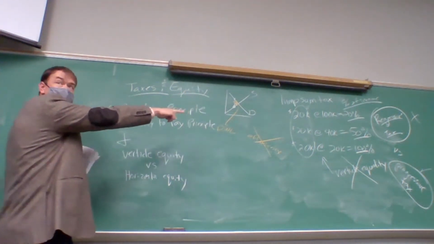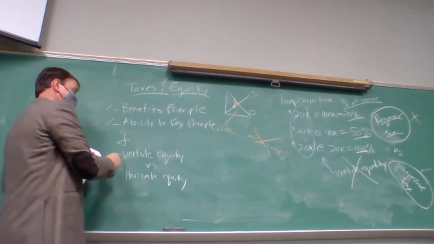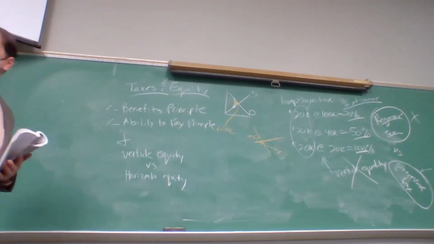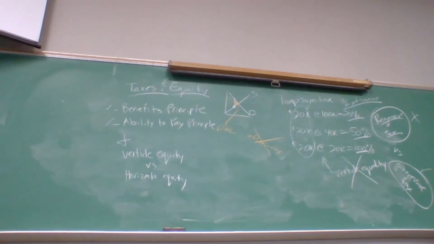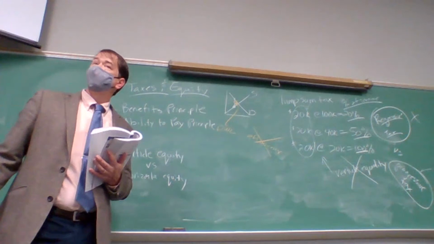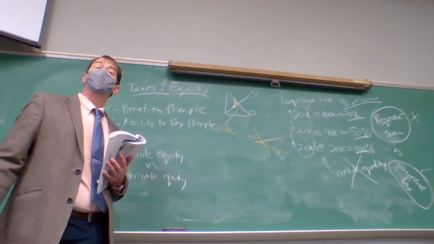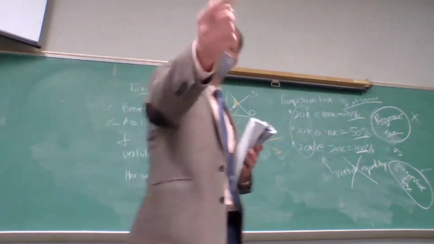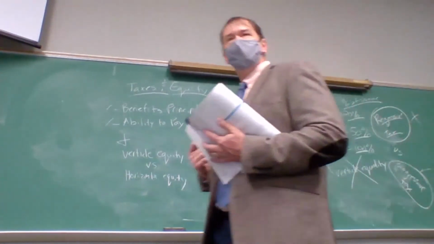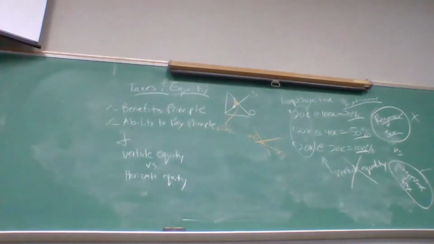A lump sum tax violates every one of these principles, okay? Vertical equity, we talked about people who are earning $20,000 probably shouldn't have to pay $20,000 in taxes. That's going to mean a whole lot more to them. Sales tax, everybody's like, hey, a sales tax, great deal. What's the problem with a sales tax? It's highly regressive too. You and I both buy loaves of bread, gallons of milk, gallons of gas. Let's say we both pay a 20% sales tax, but you earn, let's say, 20,000, and I earn, say, 100,000.